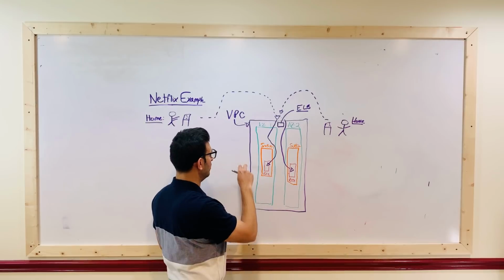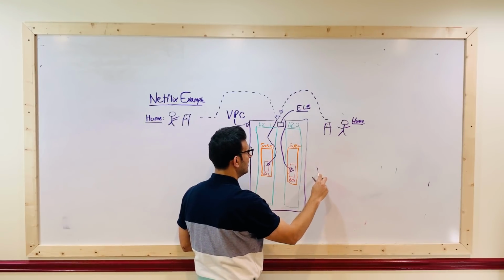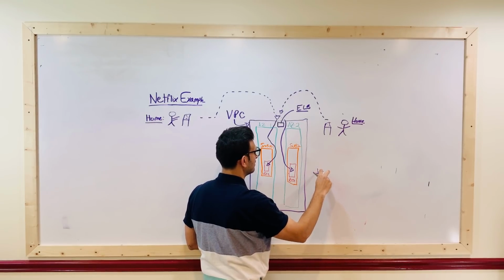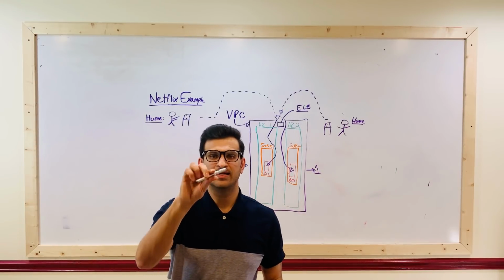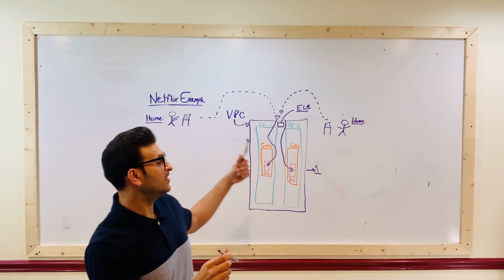Okay, so there's one here, and then there's one here. Right, so you can see that it is balancing this seesaw as traffic continues to come in.